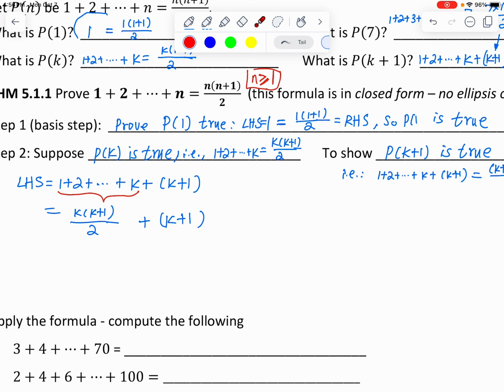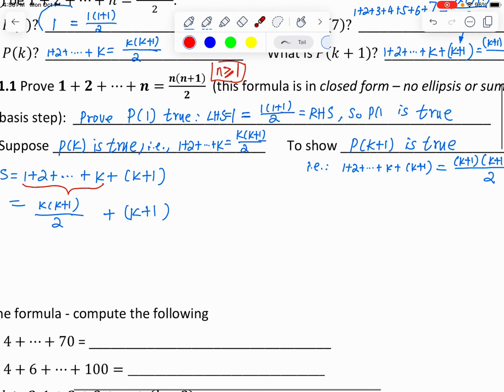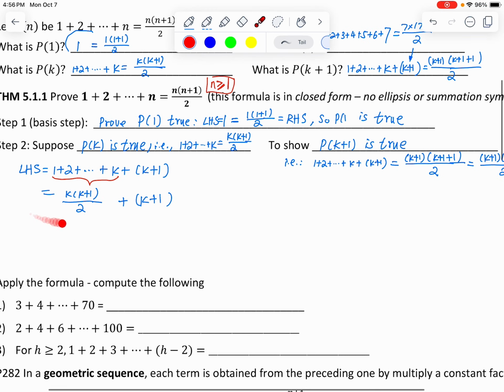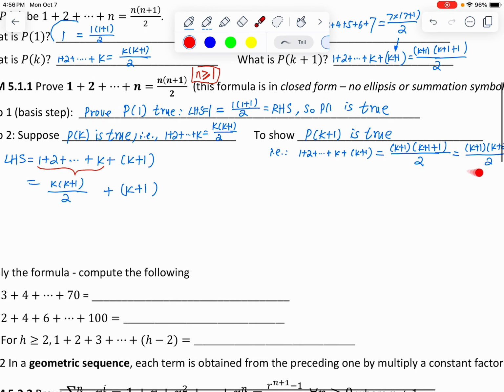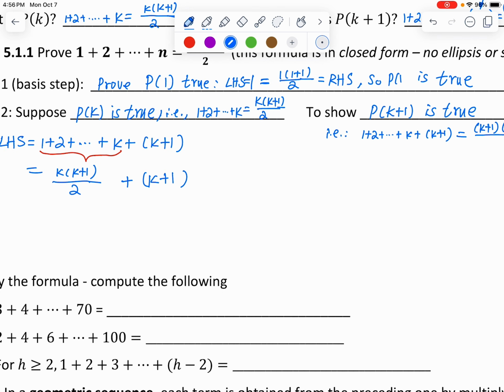Now do a little algebra. Your target is to show that this guy is equal to the right hand side. Okay, so let's add this together. That means you have to find a common denominator. So let's multiply the second term by 1, which is 2 over 2. And let's add.